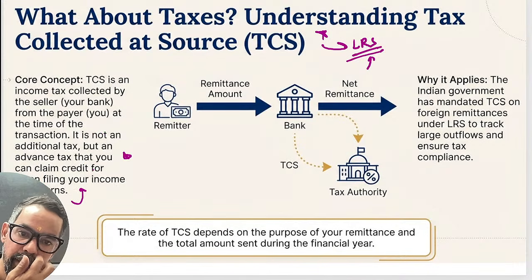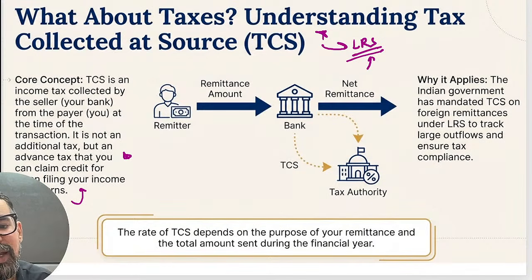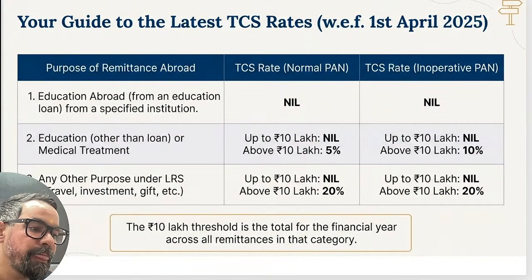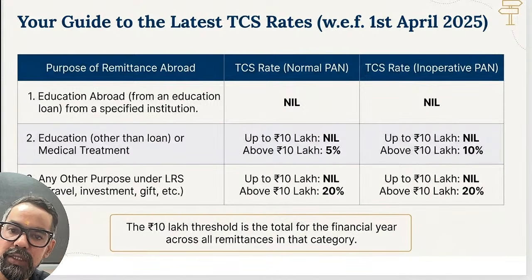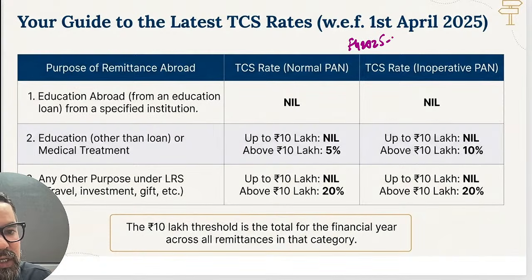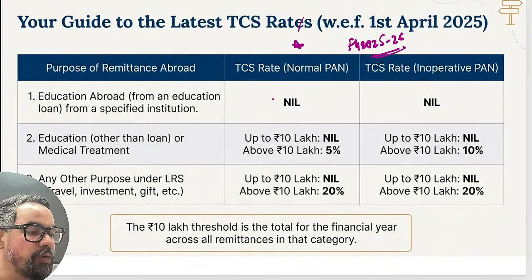When it comes to TCS, we have two rules. One is, if the question says financial year 2025-26, you have to apply this one.